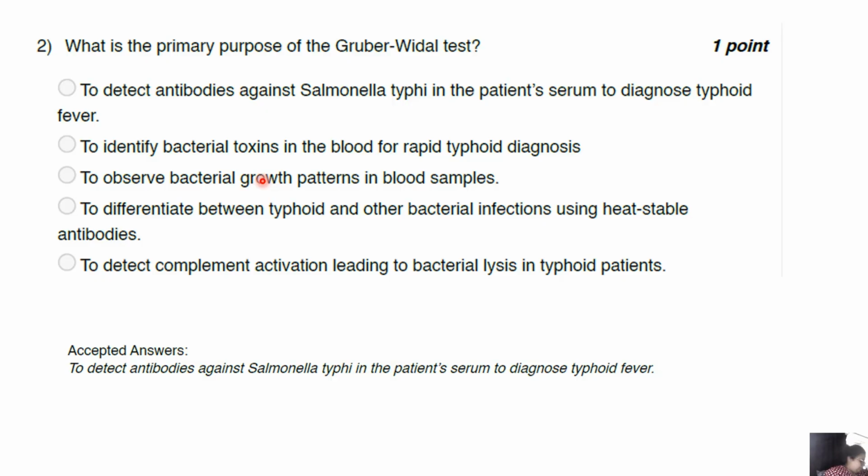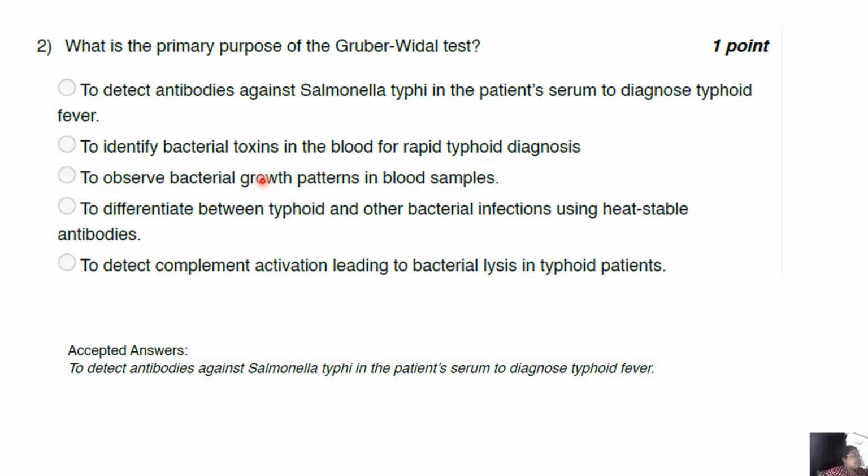Some kits can also include AH and BH antigens for S. paratyphi A and B.